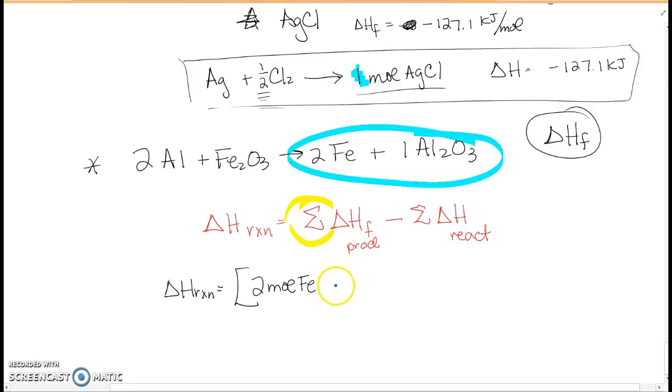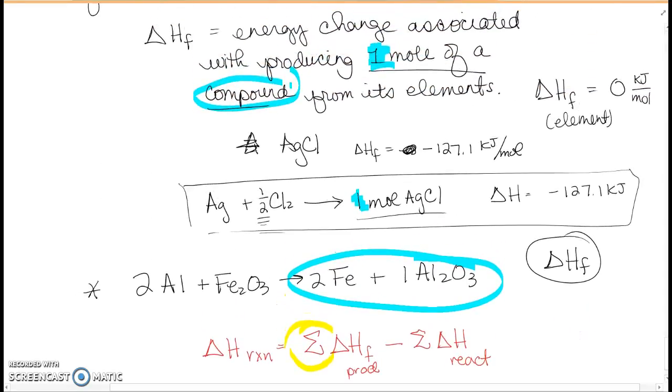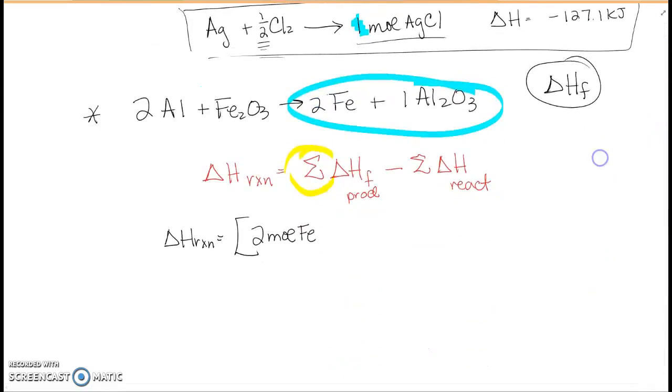So you could peek at your table and find that iron's not listed because the heat of formation of an element is 0. So don't be that person on the test who comes up to me and I give you a heat of formation table, because I would, and says, Mrs. May, iron's not on there, because I will refuse to answer you. So it's 0 kilojoules per mole.